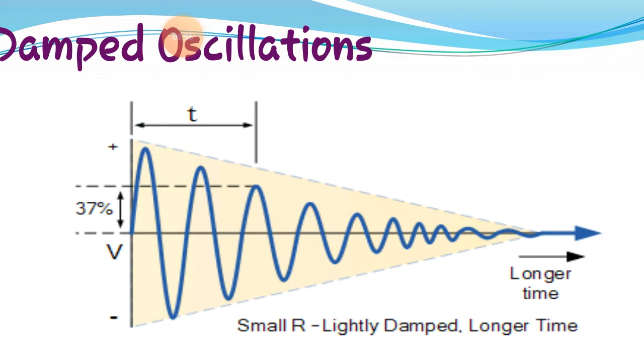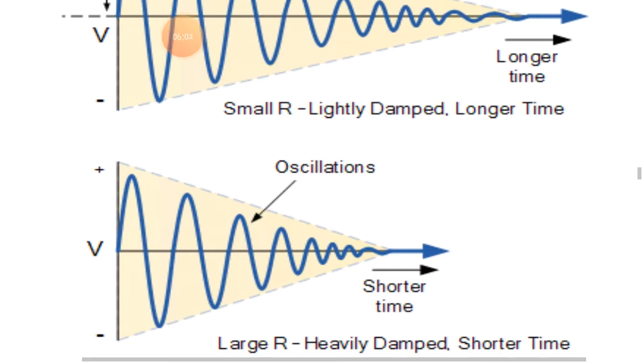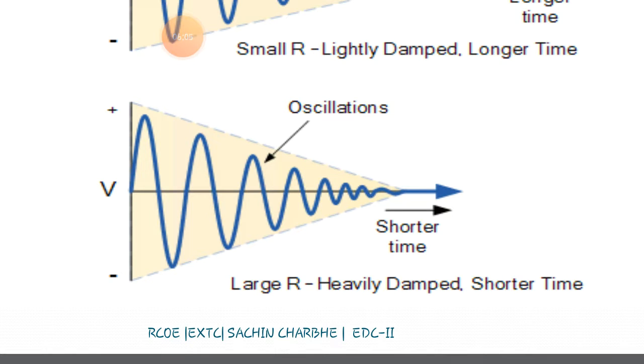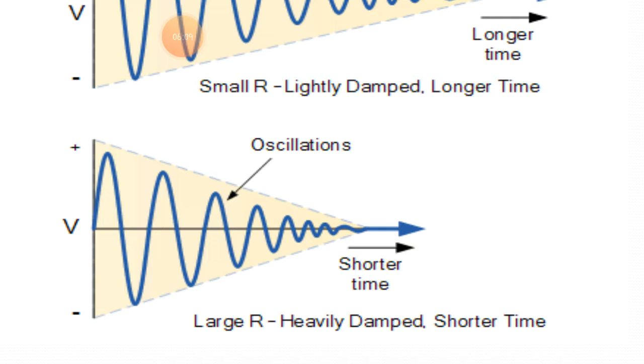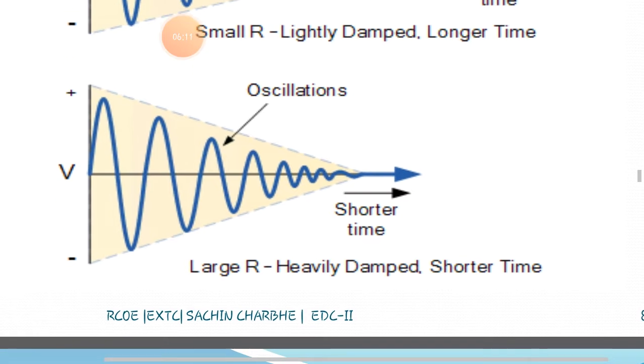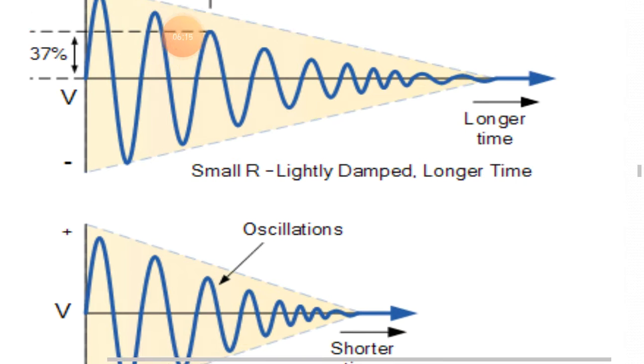In these waveforms, the oscillation finally dies out at a longer time, and in the other case it dies out in a shorter time. So if the resistance is small, it takes a longer time, and if the resistance is large, it is heavily damped, that is, the shortest time. That is the oscillation we get.